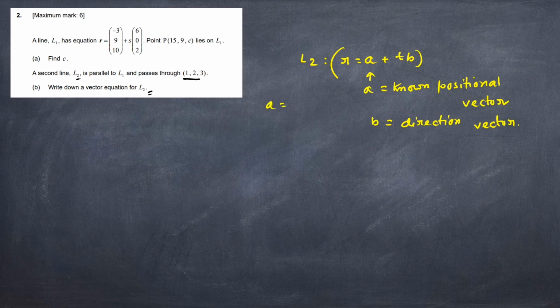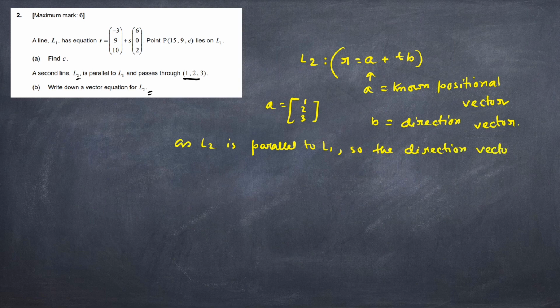Here a is (1, 2, 3), the known position vector. As L2 is parallel to L1, the direction vector will be the same. So the direction vector b is (6, 0, 2).